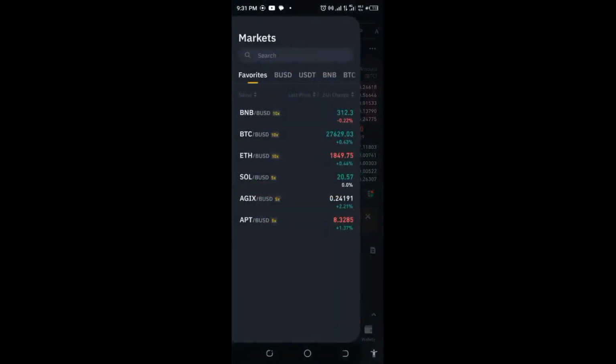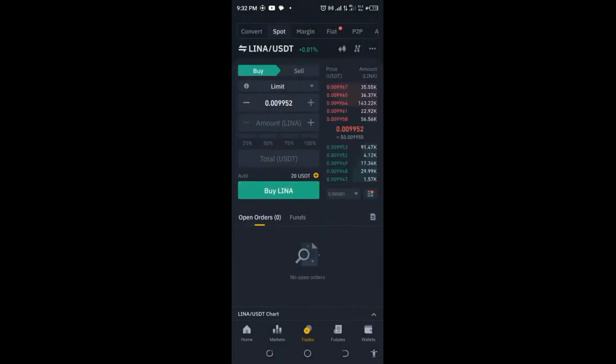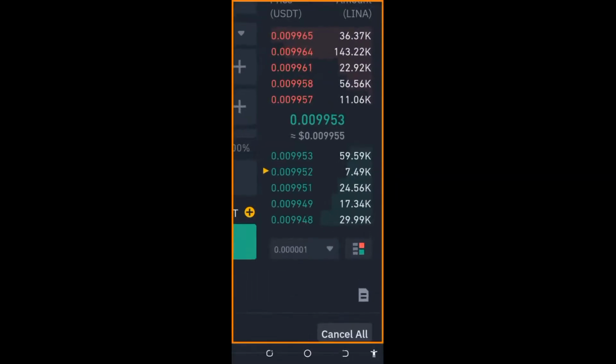So first off, we go back to Lena USDT, and then we pick up the entire thing. It's picking up almost everything. So let me quickly get that screenshot, and then let's go ahead and buy. Wow, why are we in the queue? Oh, this is the reason. See, this is the reason.